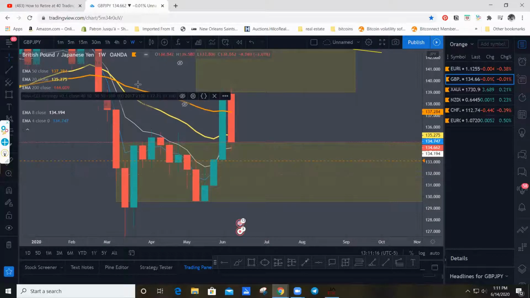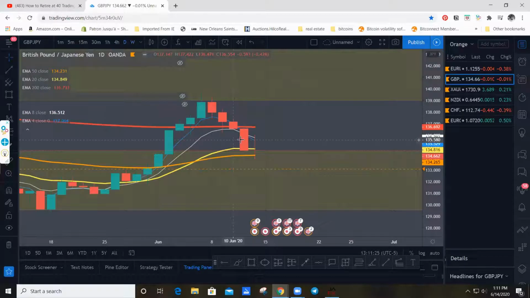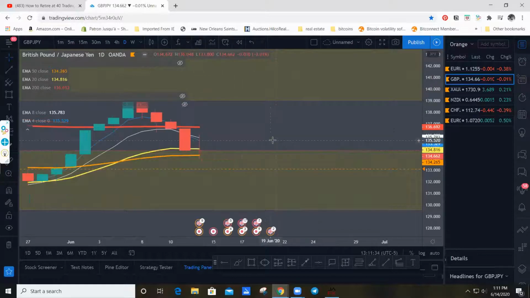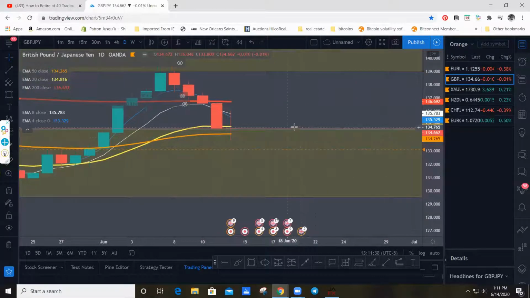Let's check it out on a smaller time frame. Price came and rejected that. Got a long wick, a strong wick right here, with a lot of sideways action.